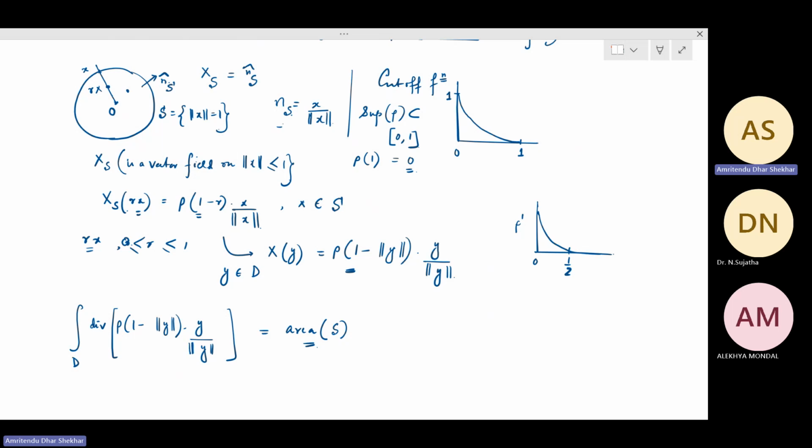So it's very interesting that you have a result on an integration where the value of the integral is independent of the choice of extension.